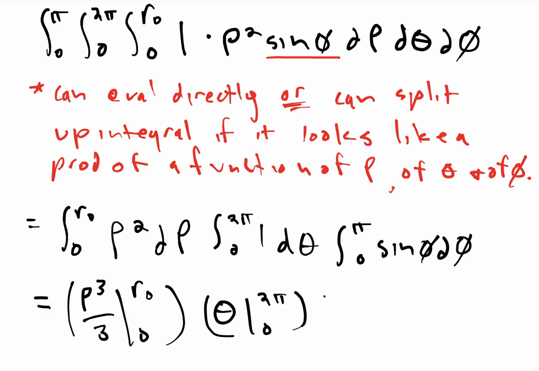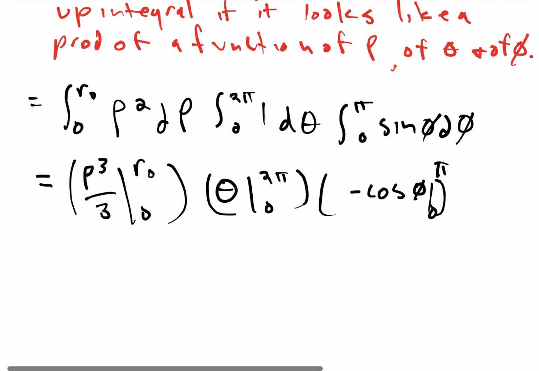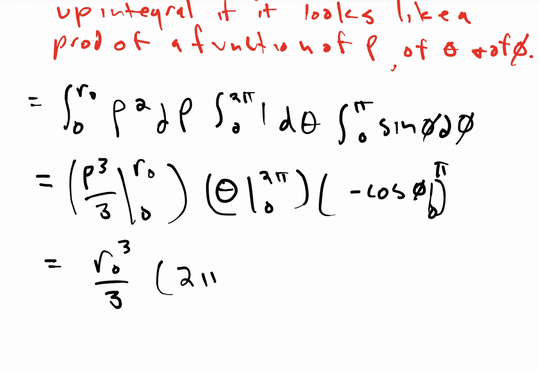That needs to be multiplied by minus cosine of phi, evaluated between 0 and pi. And if I go to crank each of these guys out, I've basically got r naught cubed over 3 times 2 pi, because I'm subtracting off 0 in both of those cases.